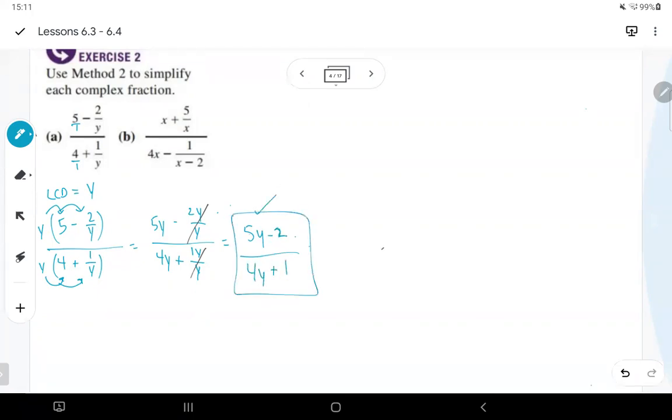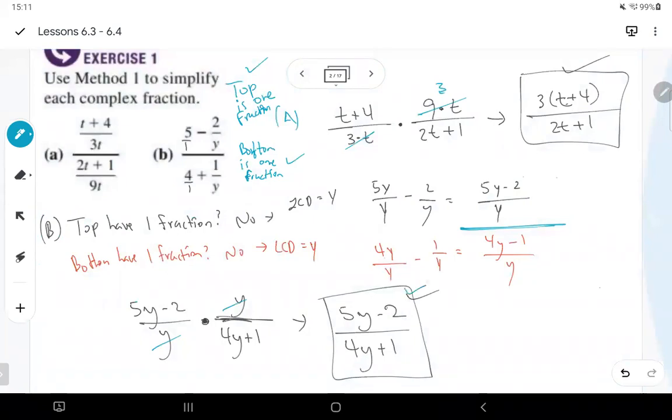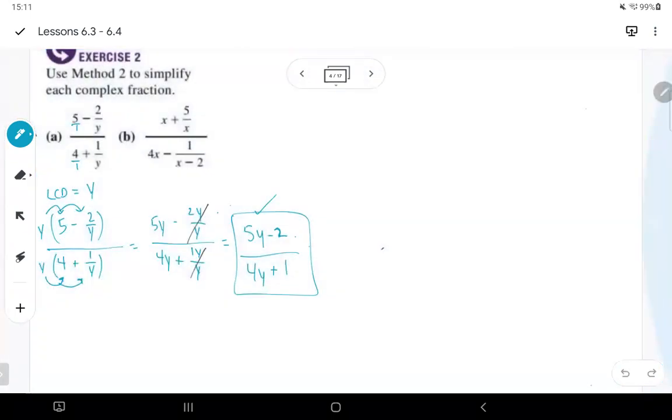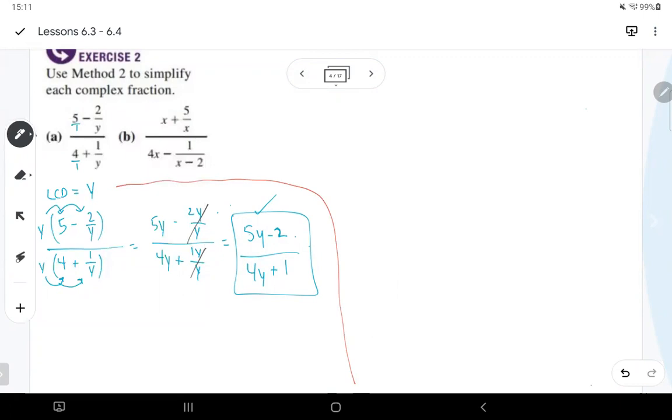And we should like that because if you go back, these match. 5y minus 2 over 4y plus 1. Okay, now let's do B. So you want to consider the denominators in B.